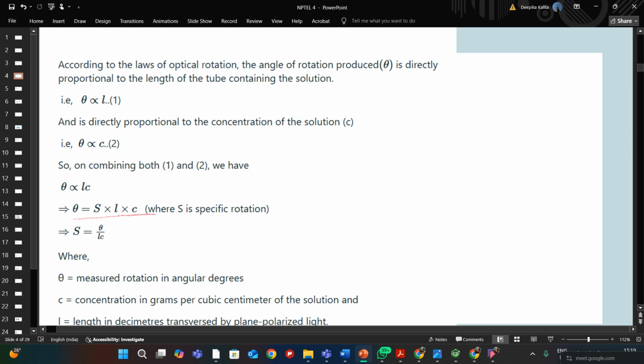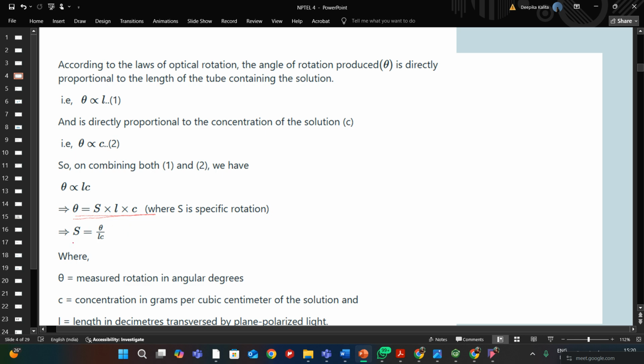Theta is equal to S into L into C, where S is the specific rotation and L is the length of tube or path length and C is the concentration, having a unit of gram per centimeter cube. Okay.